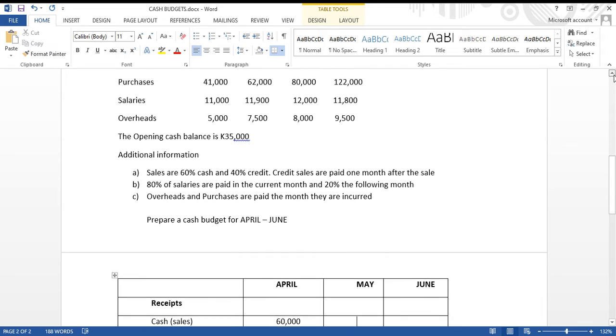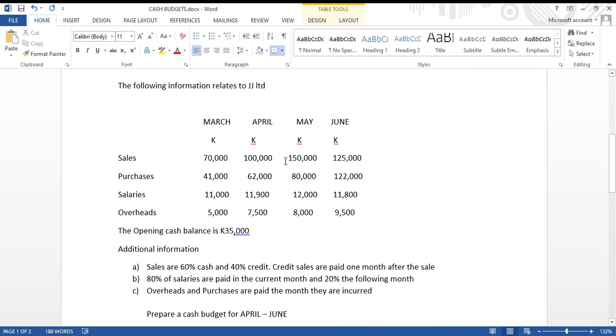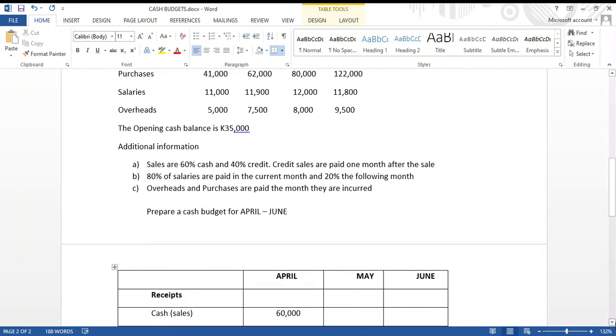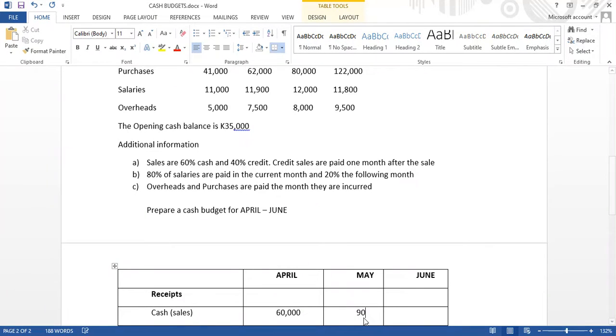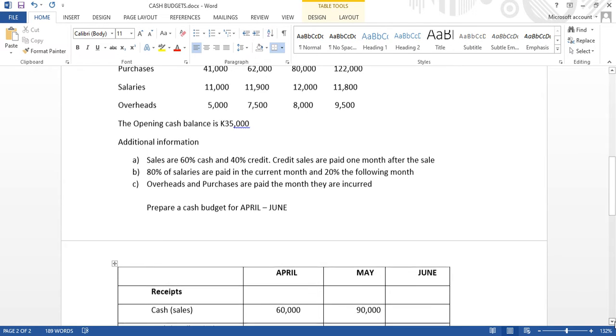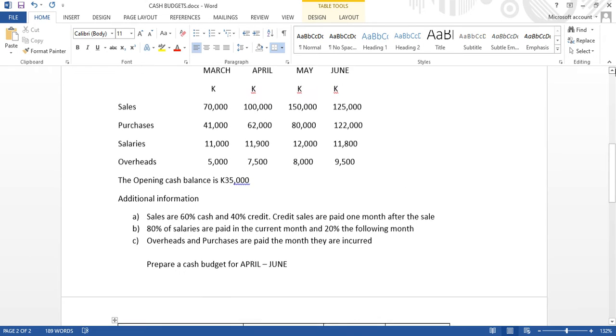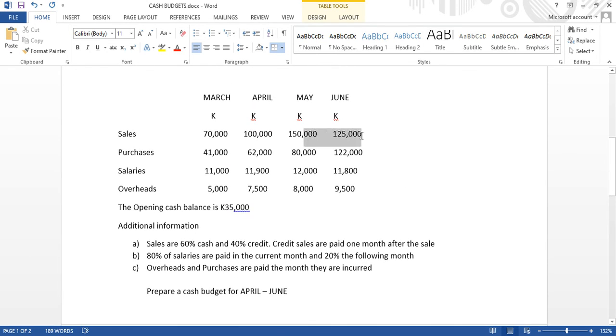In May, we get 60% of the sales value. May, it's 150,000. So 60% of 150,000. So we say 0.6 times 150,000. That is 90,000. June, we go to our June sales value.